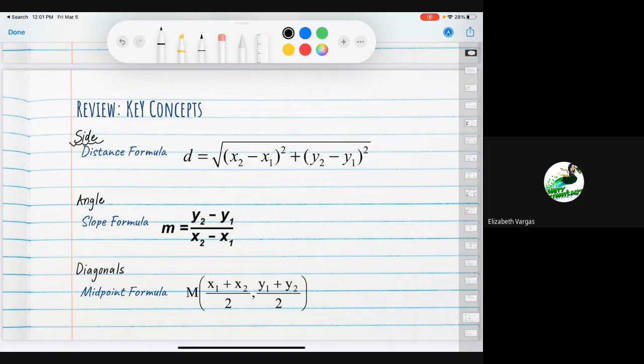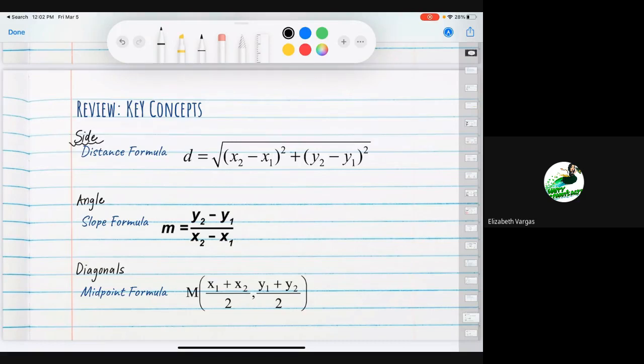If all those sides aren't congruent to each other, then we probably have a scalene triangle. If we have two sides that are congruent to each other, but the last one isn't, maybe we have an isosceles triangle, stuff like that. The slope formula we'll use to determine if we have right angles, in general for quadrilaterals.